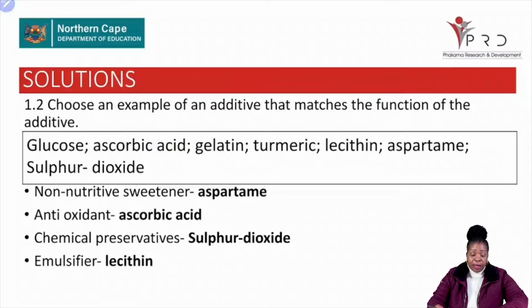Welcome back, learners. We want to go to the solutions. A non-nutritive sweetener is called aspartame. Where do we find aspartame? We usually find aspartame in Coca-Cola, or just Coke.